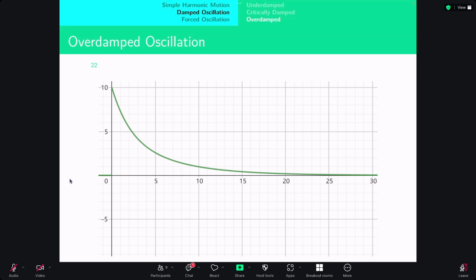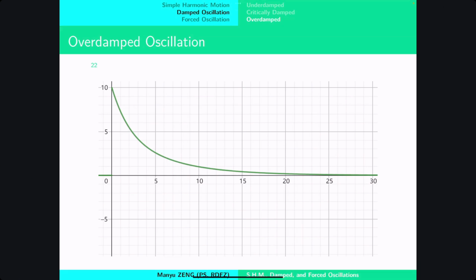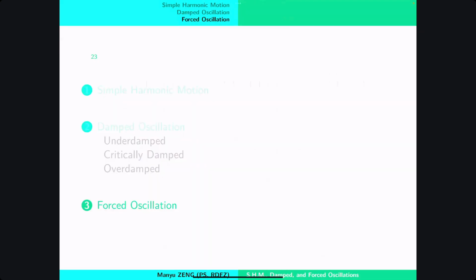Sometimes we want the pendulum to go back to the equilibrium point fast, so we can read the actual value of something. But if it's overdamped, sometimes it cannot get there fast. So the time it takes to get to the equilibrium position gets very long. So actually, critically damped is more desirable than overdamped in engineering sometimes.